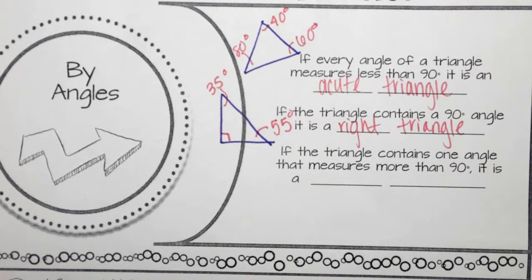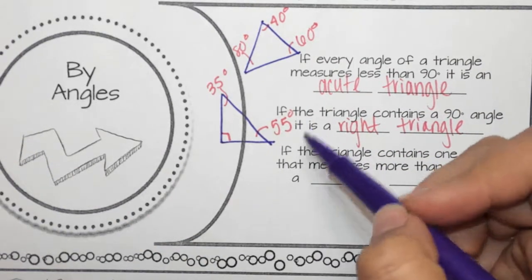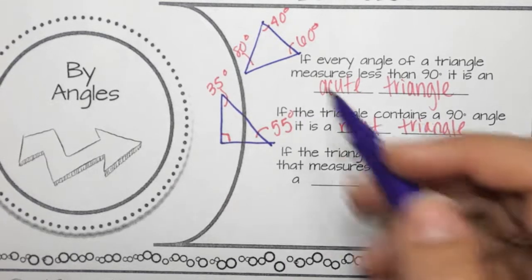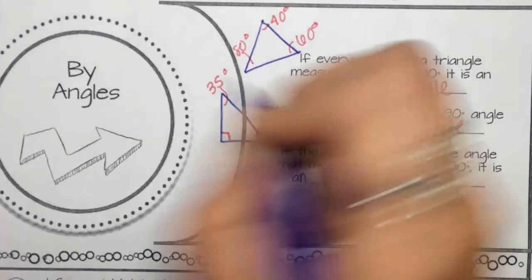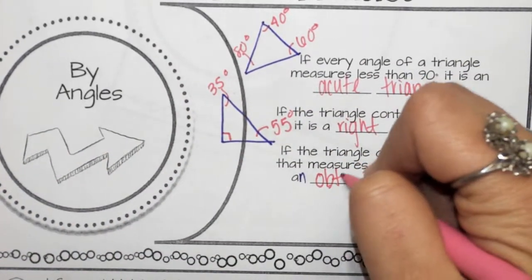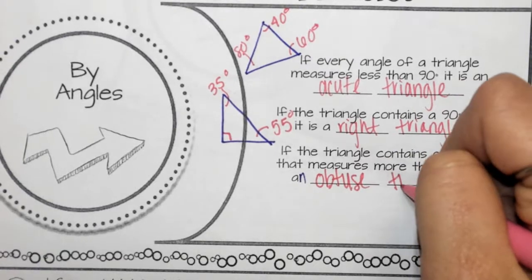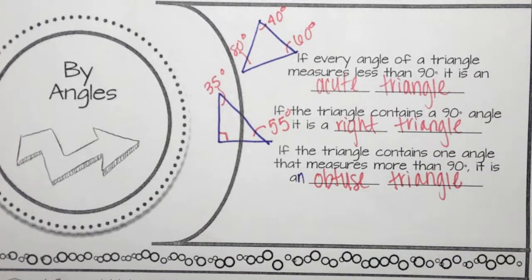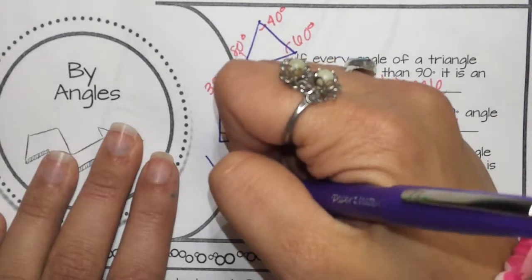Now, the final way that we can classify a triangle is if the triangle contains one angle that measures more than 90, it is an obtuse triangle. So it has to be more than 90. It could look like this.